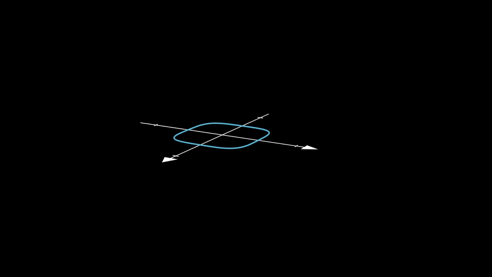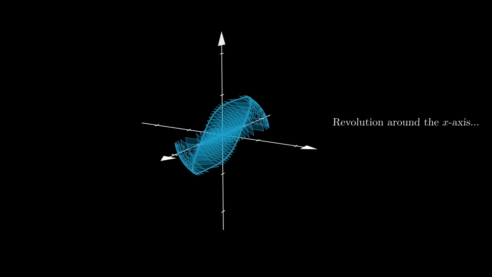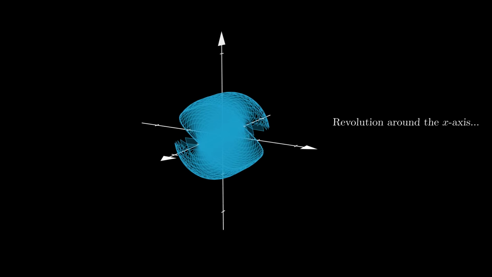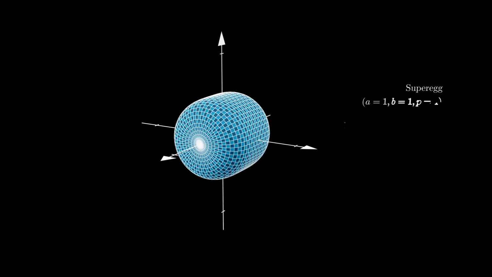Now let's enter the third dimension. Revolving the squircle around the x-axis creates a three-dimensional solid of revolution, which is known as a superegg. You can see the formula of the superegg here.